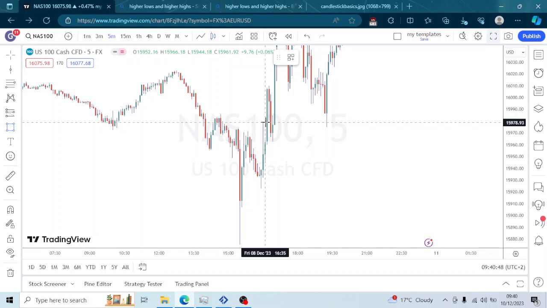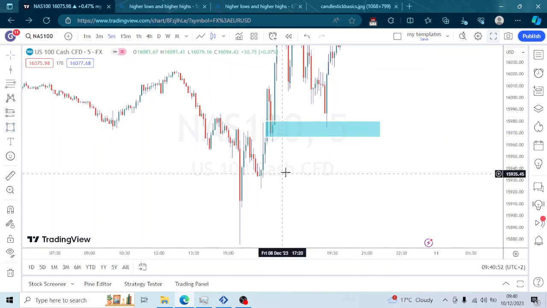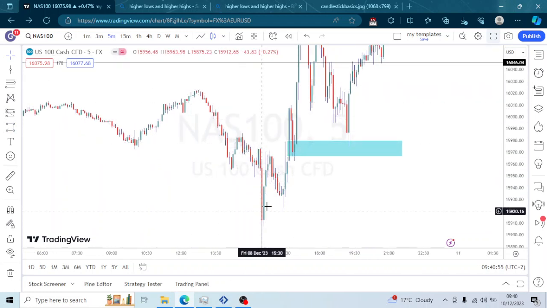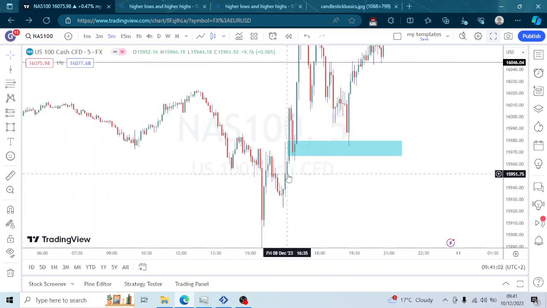I'm gonna teach you guys the entry system, the ICT thingy, the information that I use from ICT's model. Basically, price was going down, lower high, lower high. Then we broke around 4:30, which is 9:30 a.m. in New York, right? It rallied upwards.